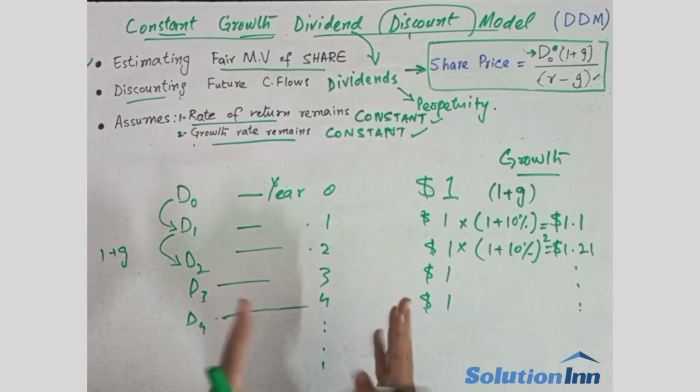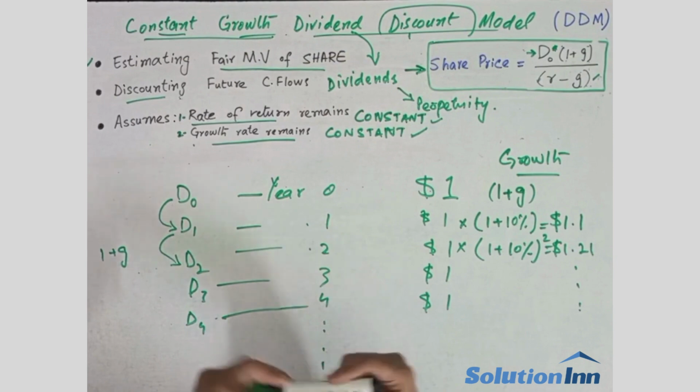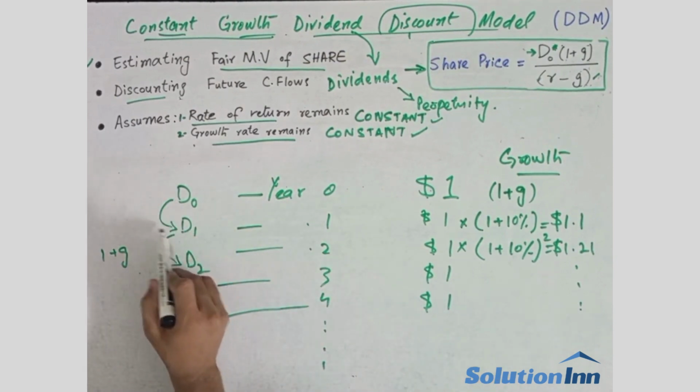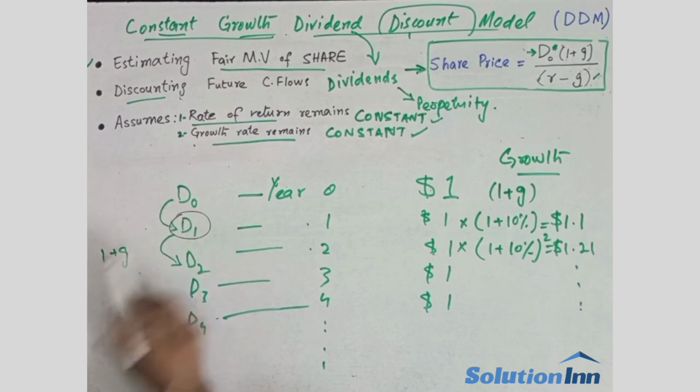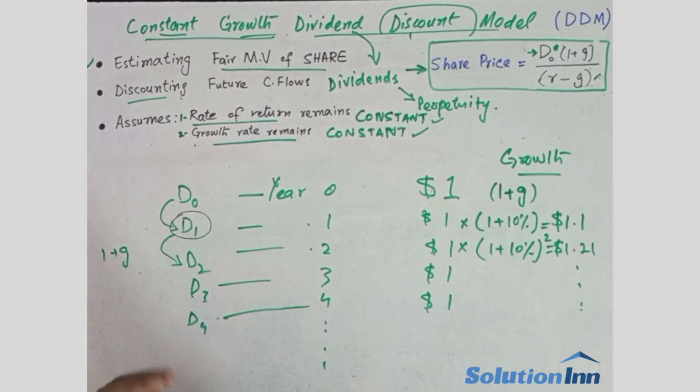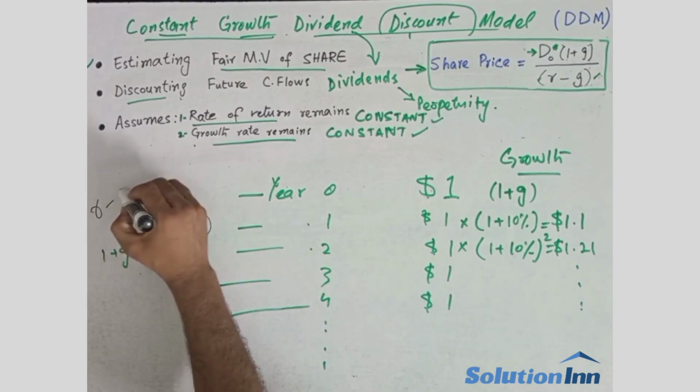The reason is that the growth has inflated the dividend from D0 to D1. Now the discount factor should be adjusted in order to reach an effectively right discount rate. That is typically R minus g.